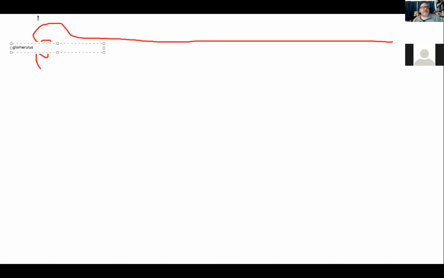And then the efferent arteriole, which feeds into the peritubular capillaries, and could also include the vasa recta. And again, we have our quote unquote dirty blood that enters into this capillary.